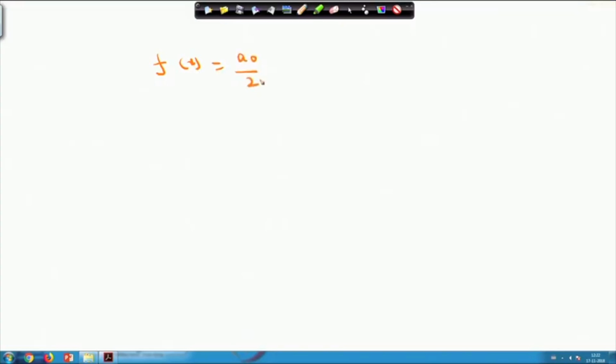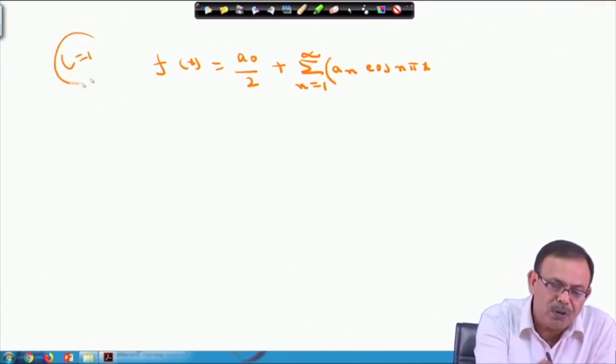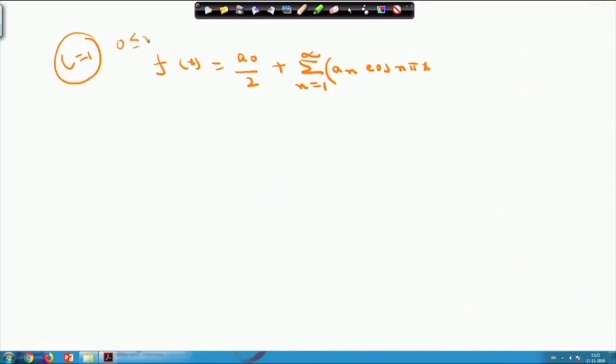So, f x can be represented as a 0 by 2 plus summation over n equals 1 to infinity of a n cos n pi x by L, where the period is 2, so L is equal to 1, plus b n into sin n pi x.